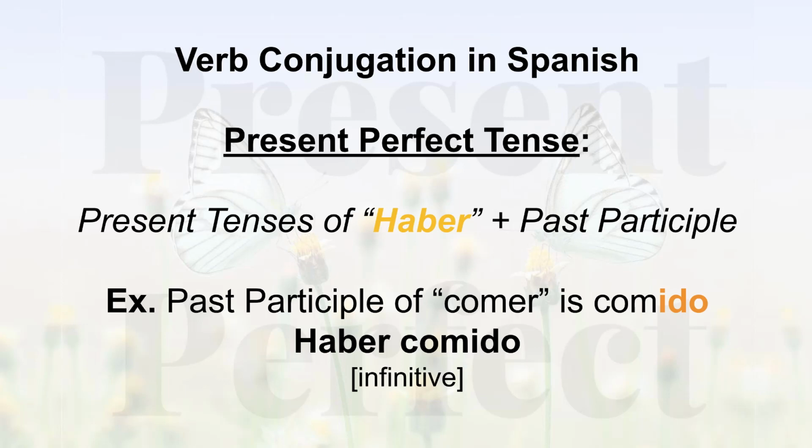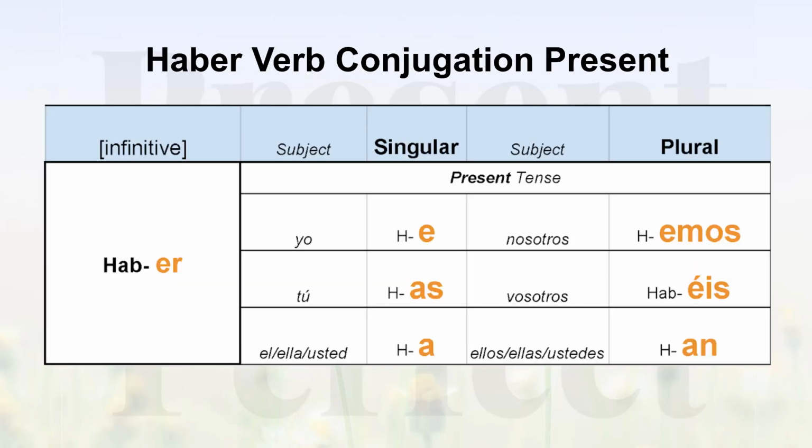So now we need to review how to conjugate present tense for the verb haber. Haber is one of the irregular conjugating verbs. However, when you look at just the present tense, the irregularity is mostly in the root part of the verb. The ending parts are almost the same as a regular conjugating verb, except for an er verb.